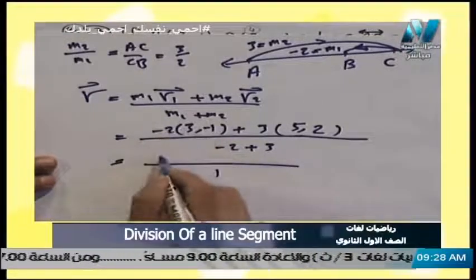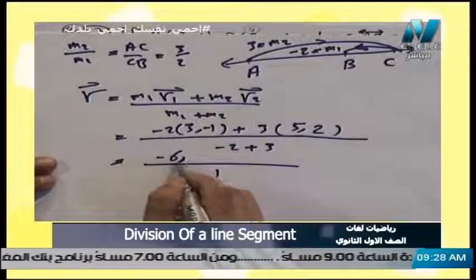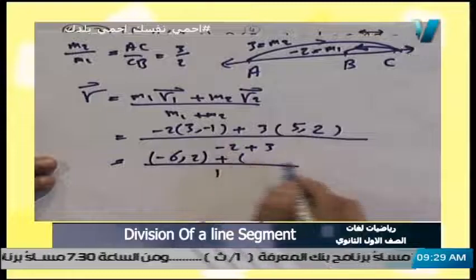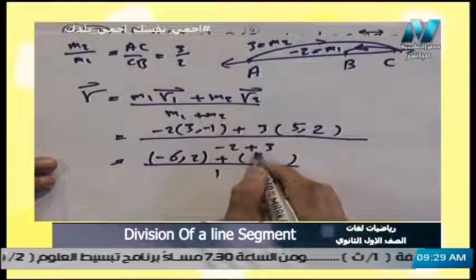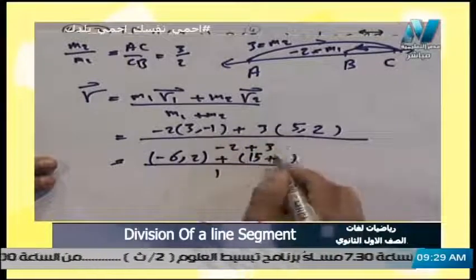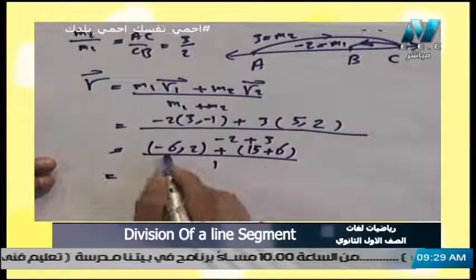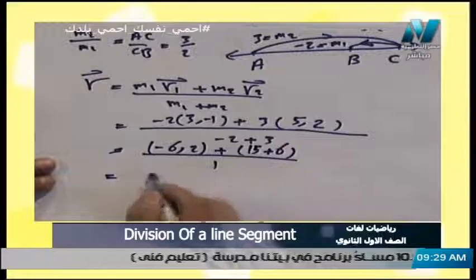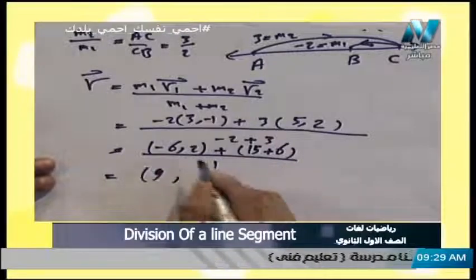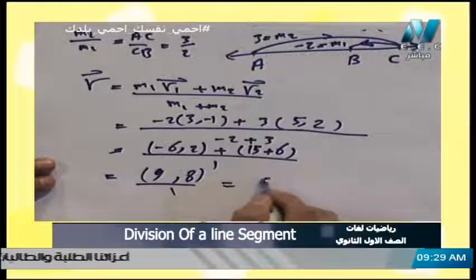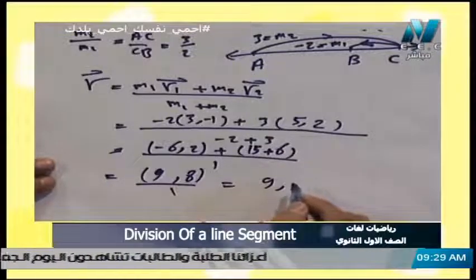Multiplying that, we have negative 6 and 2, plus 3 times 5 equals 15, 3 times 2 equals 6. Negative 6 plus 15 will be 9. 2 plus 6 equals 8. Over 1 will be 9 and 8.